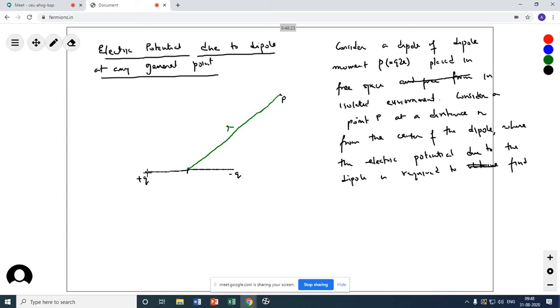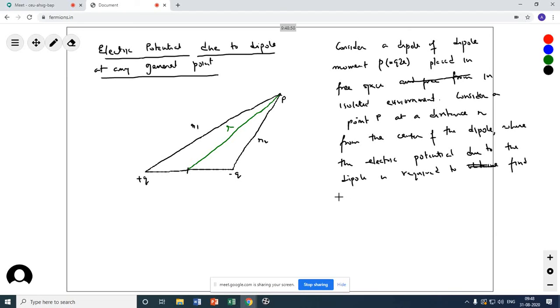Then, from the individual charges, how far are they? Because to always find the potential from a charge, we need to know the direct distance between the point and the charge. So these things must be obtained here. Let me name this as R1 and this as R2. Correct?